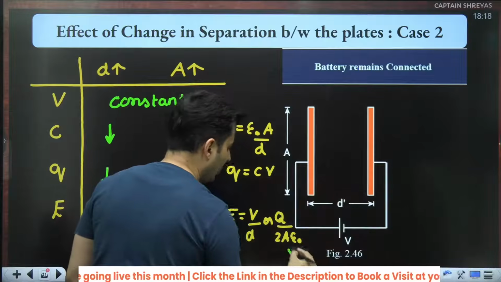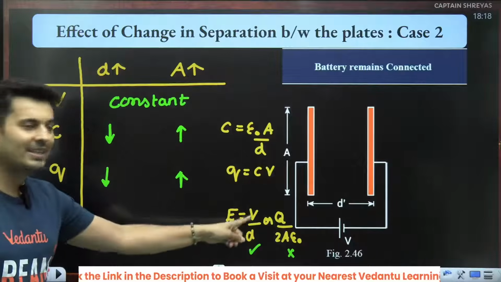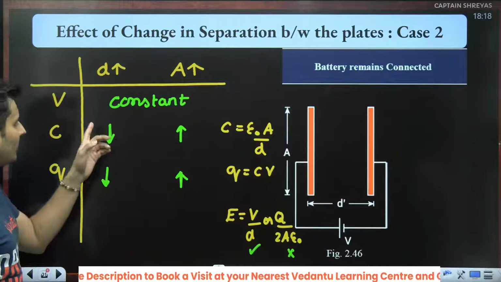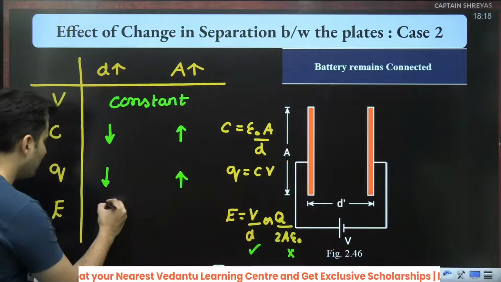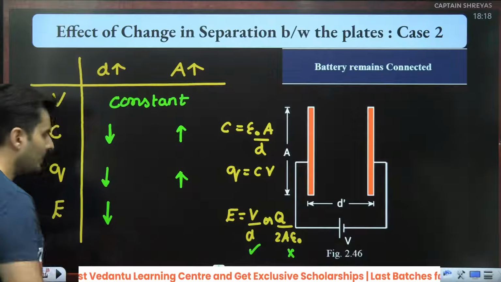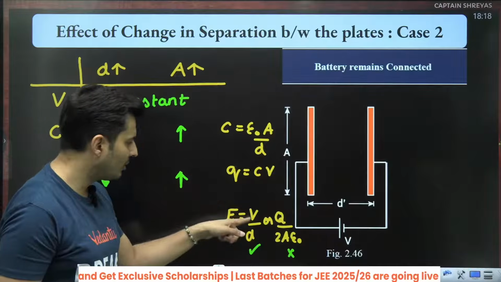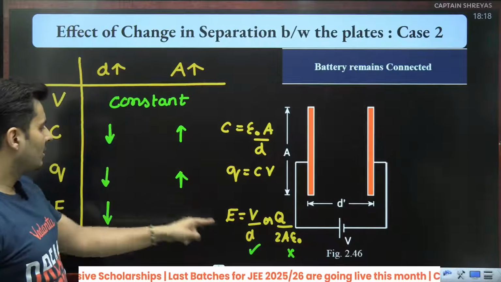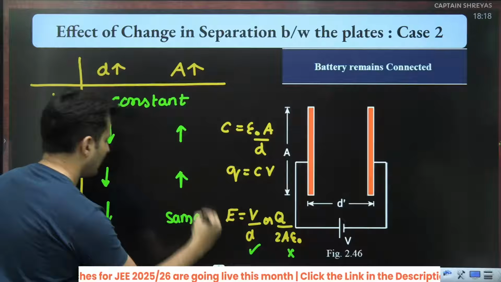But I will not use this, I will use this now, because voltage is constant. So distance, if it is increasing, E will decrease. So naturally, E will reduce. Here, area is changing, doesn't matter. I'm not looking at that formula, looking at this formula. Neither voltage changed nor the distance changed. So it will definitely remain the same.